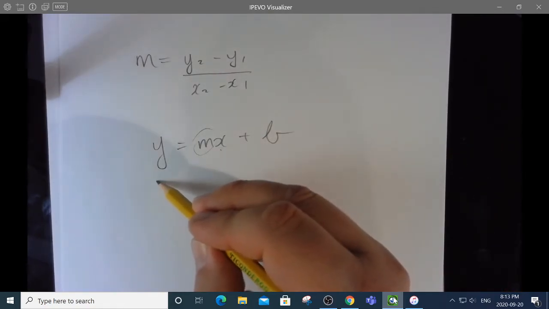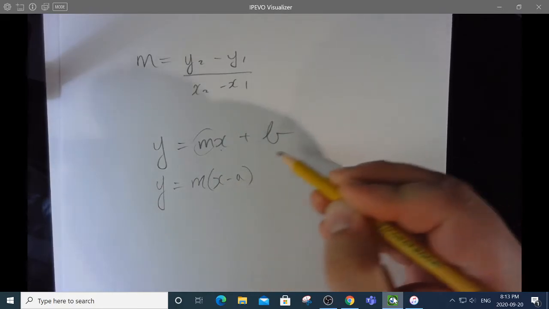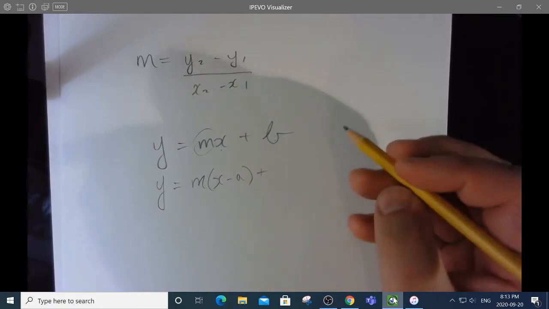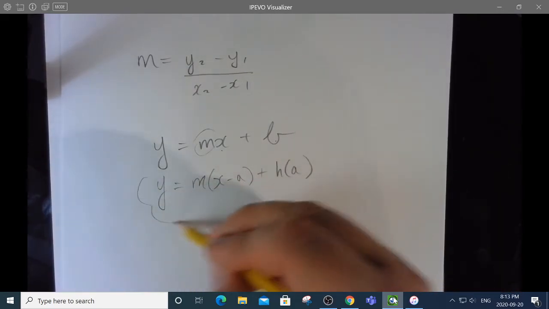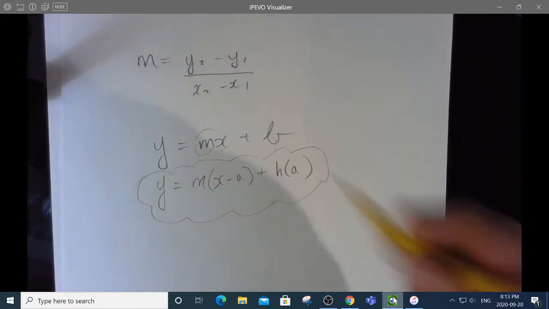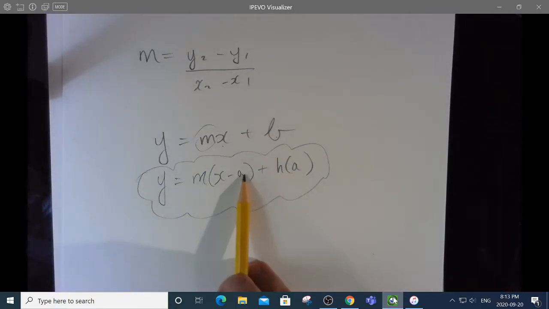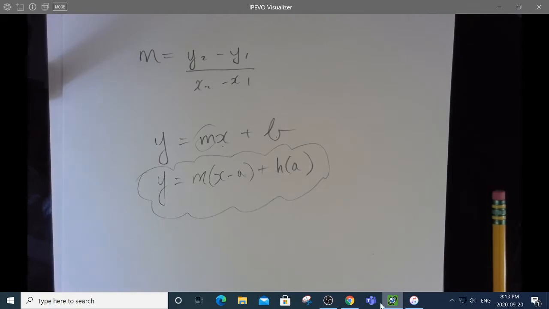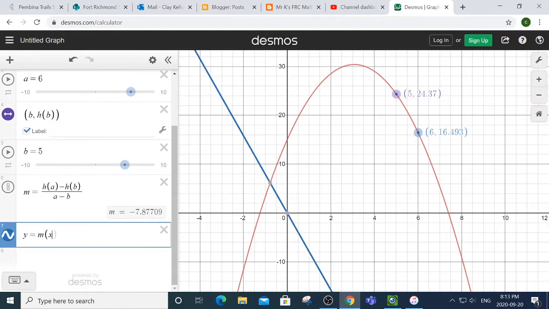So what I'm going to do is y equals x minus a, and then for point B, the intercept, I'm going to just go h of a. So that little formula there will give me a line that for sure goes through a and h of a. So I'm going to put in y equals m times x minus a, and then plus h of a.